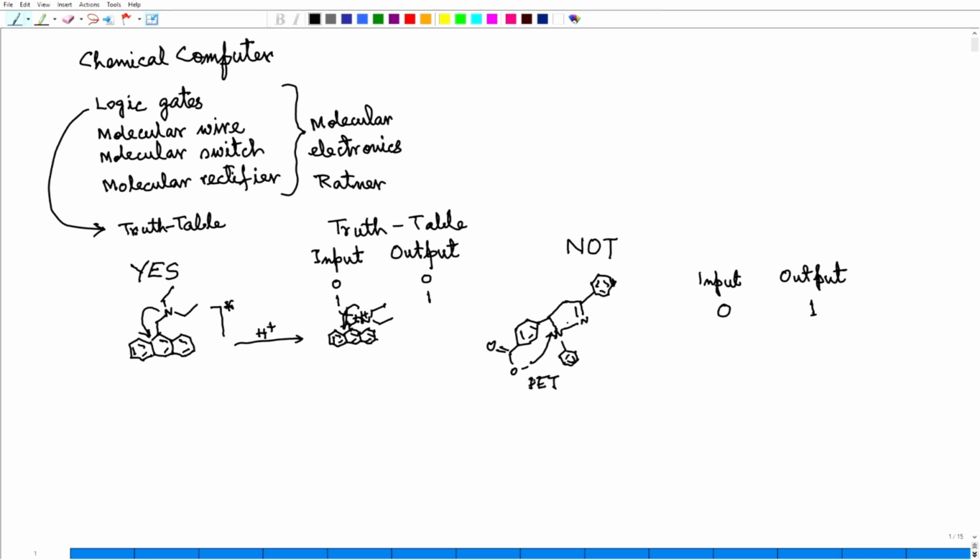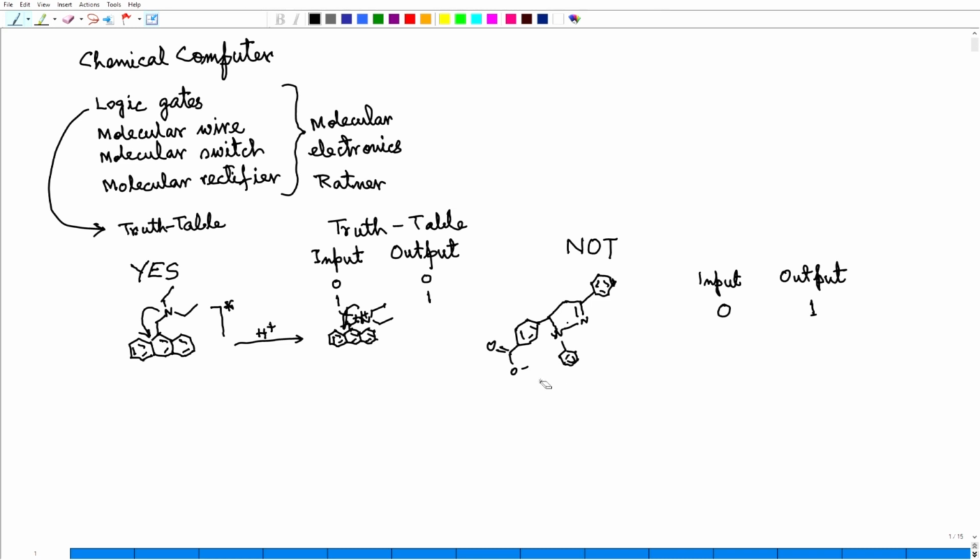So, these are all PET based logic gates. With no input, 0 input, excitation gives strong fluorescence, because PET will be blocked. PET from there to there will be blocked, because this is negative.